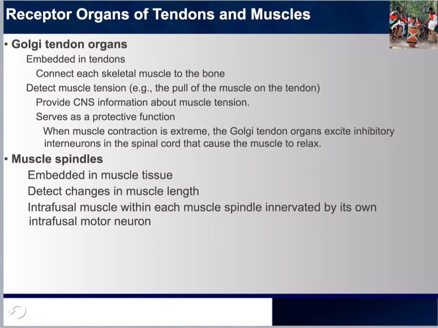If there is a good amount of muscle tension, then it simply would allow for acetylcholine to continue to be pumped from the nervous system so that the muscles could continue to flex. But if the muscle contraction were to reach an extreme level, then the Golgi tendon organs would serve as a protector of the muscles, where the Golgi tendon would excite inhibitory interneurons in the spinal cord that would cause the muscle to relax.